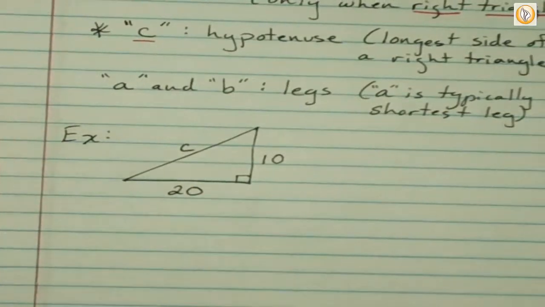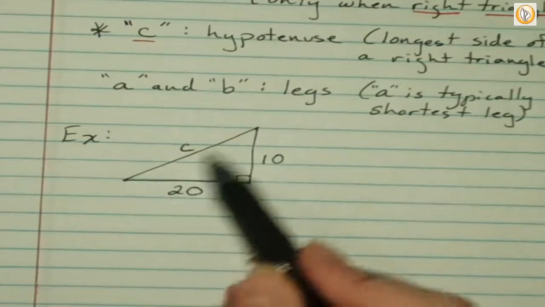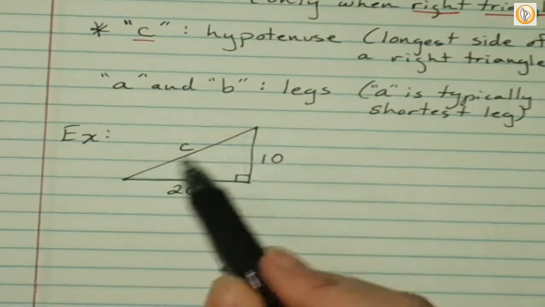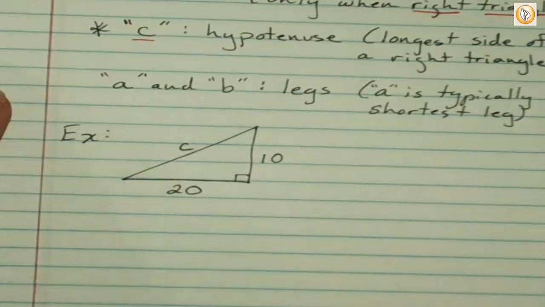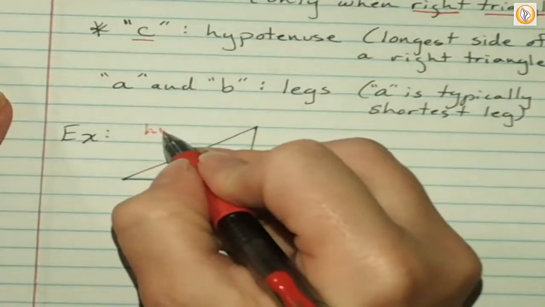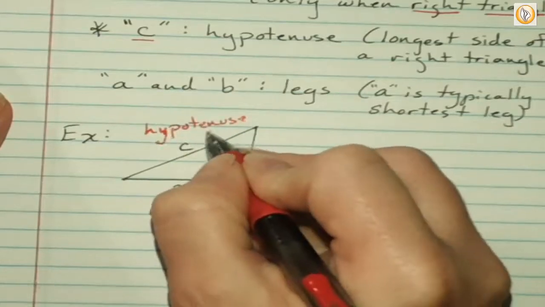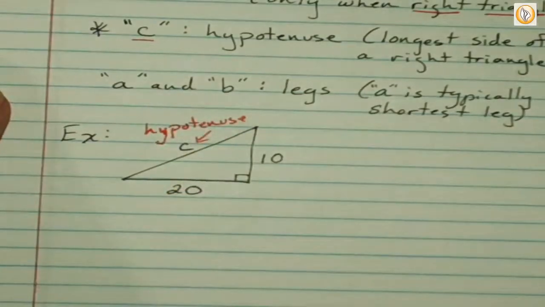So there's my right triangle. The longest side, which is usually opposite the right angle, is going to be your hypotenuse. Bless you. Hypotenuse.